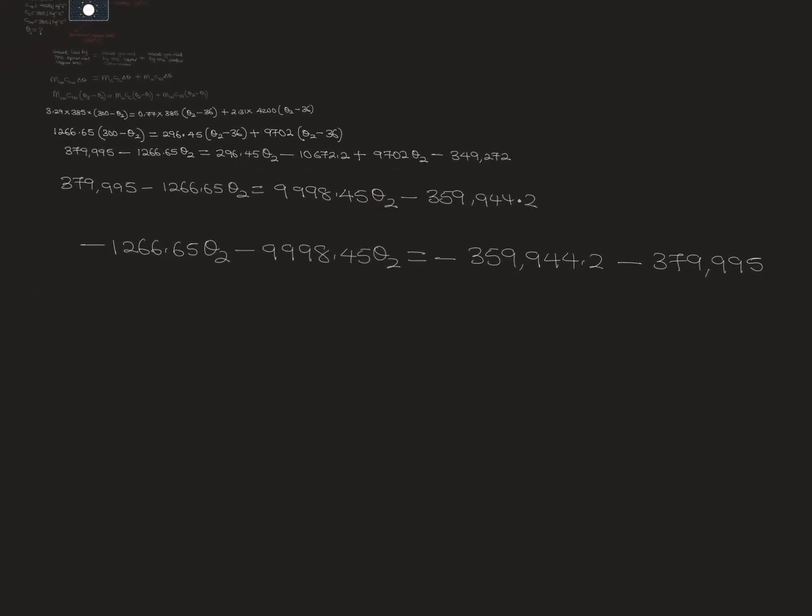So minus 1,266.65 minus 9,998.45 is minus 11,265.1 theta 2.